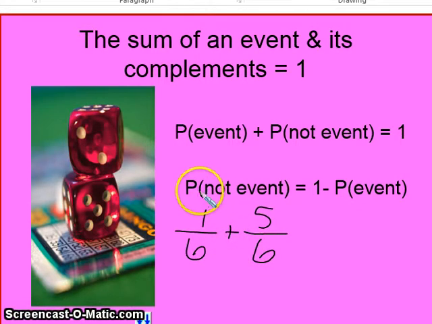So the probability of getting the 3 is 1 out of 6. The probability of not getting the 3 is 5 out of 6. And whenever you add the probability of the event plus the probability of the complement, you will always get 1. 1 plus 5 is 6. 6 over 6 is 1.